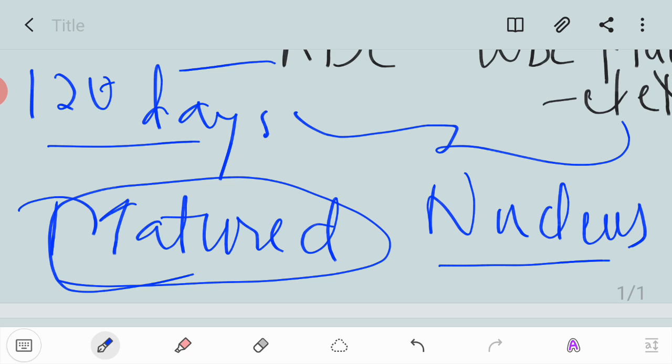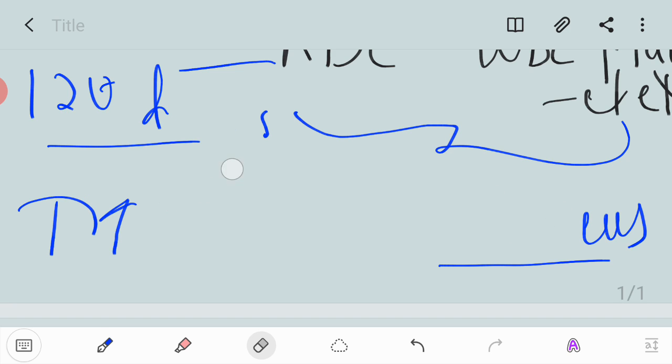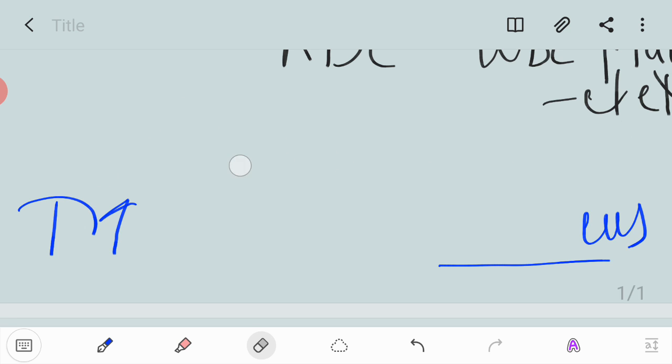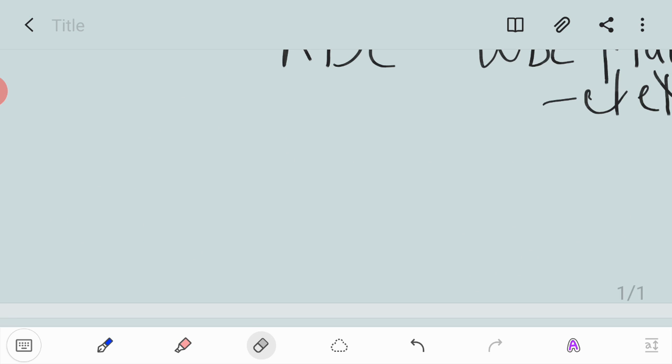Okay, after getting matured. One more thing I just wanted to share is that in RBCs I said we find hemoglobin, right? In RBCs only we find this.